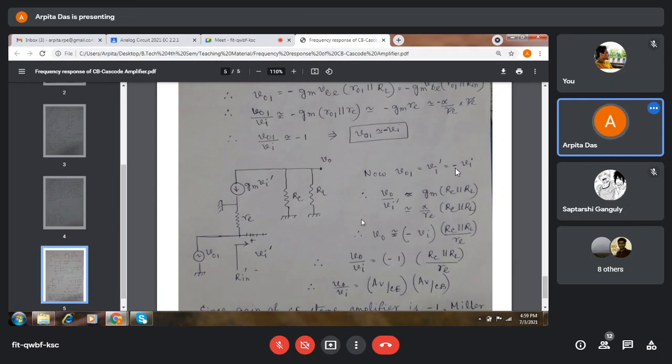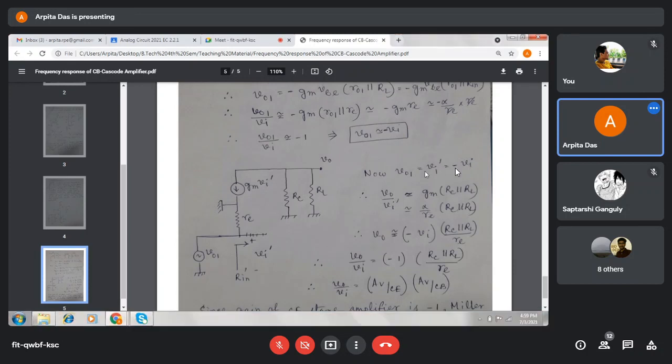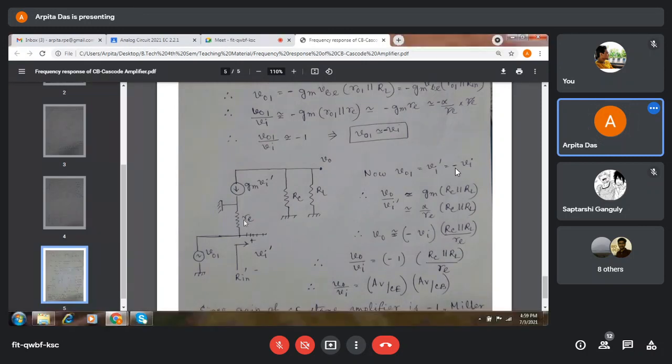And VI prime is this one, the voltage drop across this small RE resistance. And what is that? The current passes through this resistance value RE.